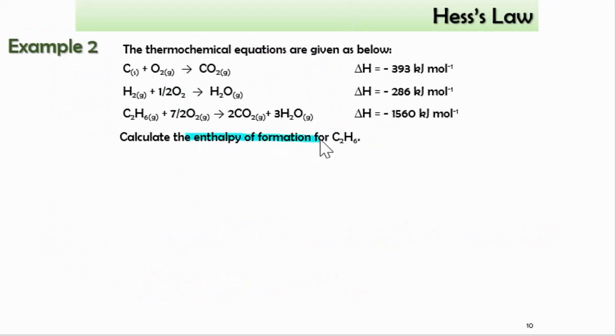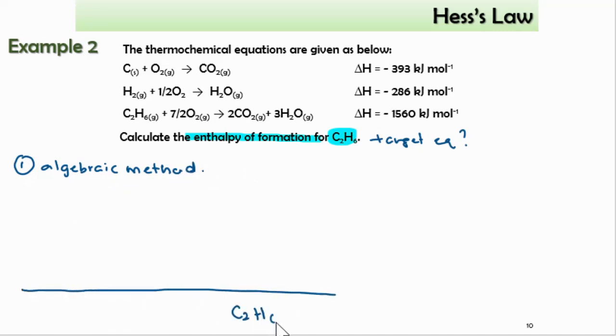Okay, so let's have a look at this example. You want to calculate the enthalpy formation of C2H6. So write your target equation, and then this one is using algebraic method. So here is your target equation. Your given equation 1, 2, 3.